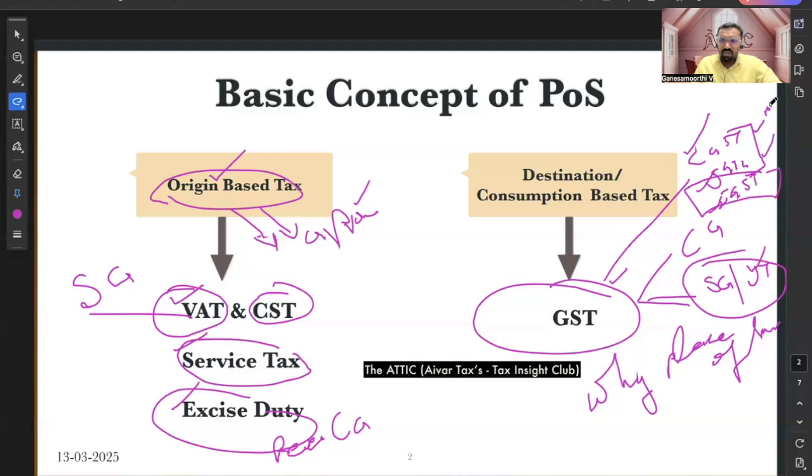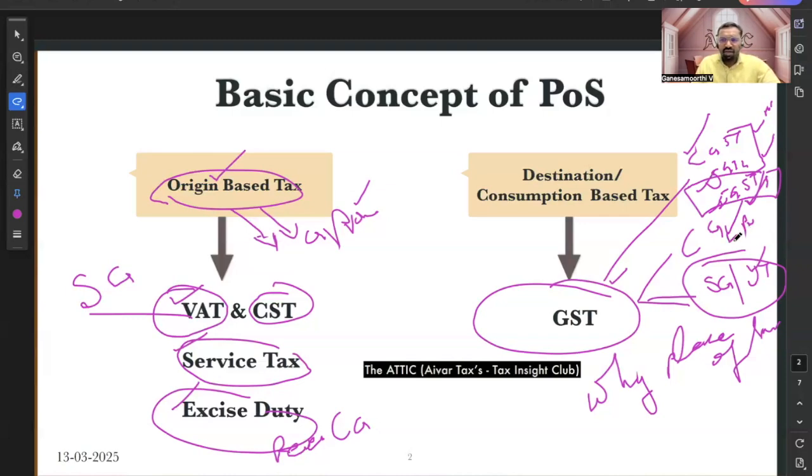The CGST will go to the central government, and the SGST will go to the state government. If it is an interstate supply, IGST is applicable and we have to mention the proper place of supply. This amount first goes to the central government, then based on the place of supply, the central government distributes the state's share to the respective state.